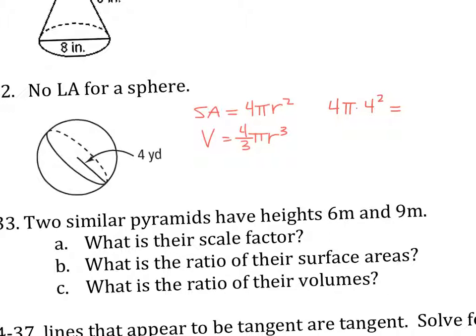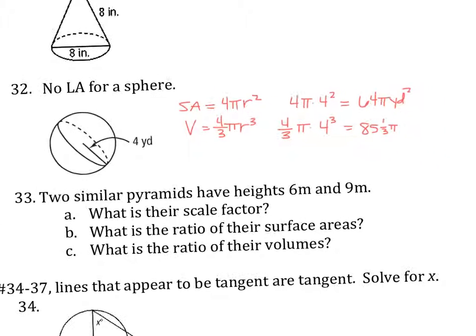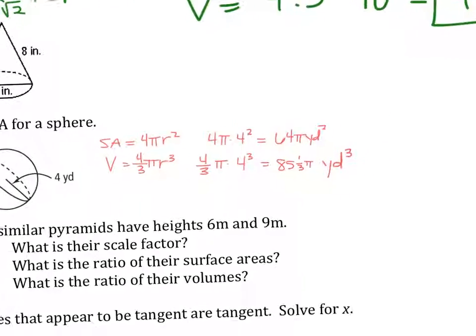So 4 times 16 would be 64 pi, and that's yards, so square yards. And then for the volume, it would be 4/3 times pi times 4 cubed. So do 4/3 times 4 to the third, which is 85 1/3. And then attach your pi. And again, volume's cubed, so yards cubed.